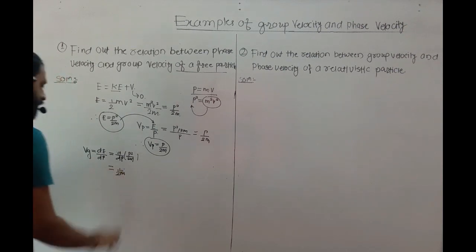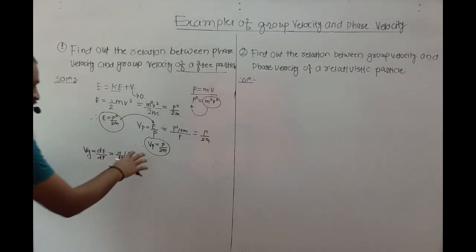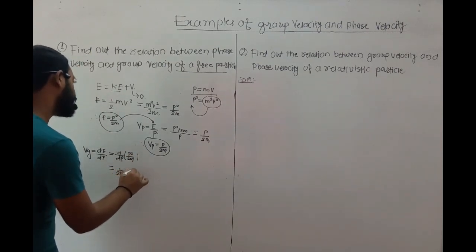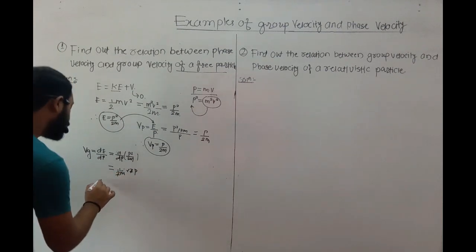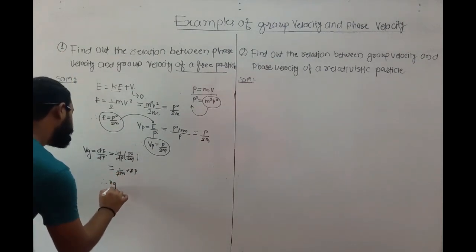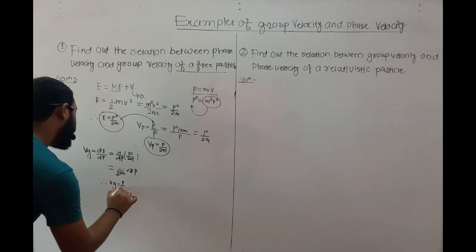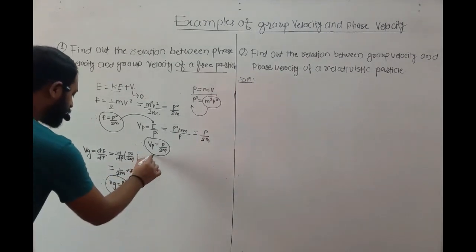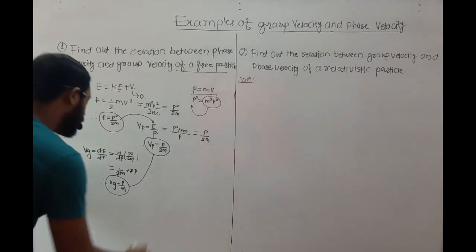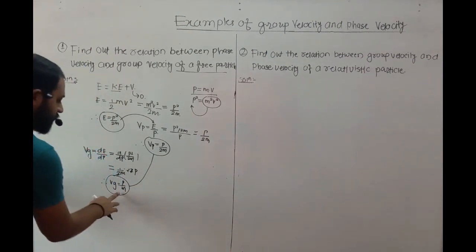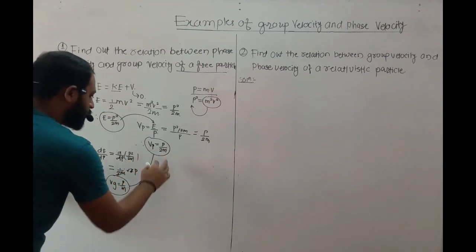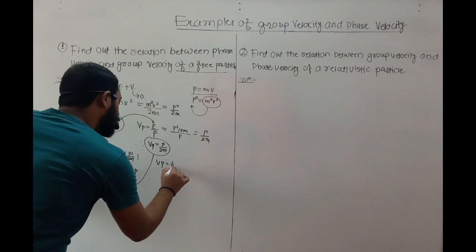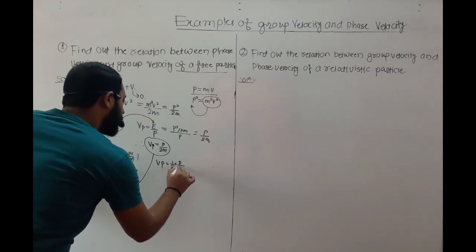Now, the derivative of P square with respect to P is 2P. The 2 gets cancelled. Therefore, Vg equals P by m. Now see, we have these two equations: Vg equals P by m and Vp equals P by 2m. Therefore, Vp equals 1 by 2 into P by m.